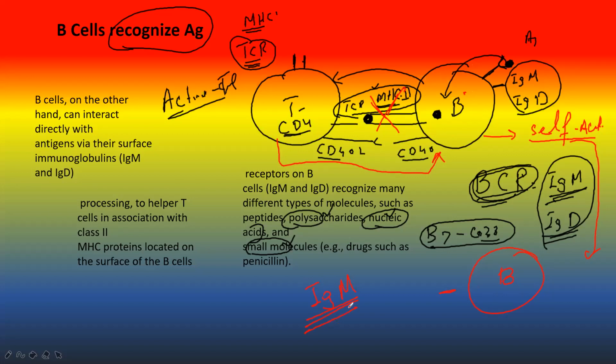IgM, because the B cell is not taking any help from the T cell. If the B cell handles it in its own way, B cell activation without T cell has minimum power, minimum ability to produce antibody. It is just able to produce IgM.